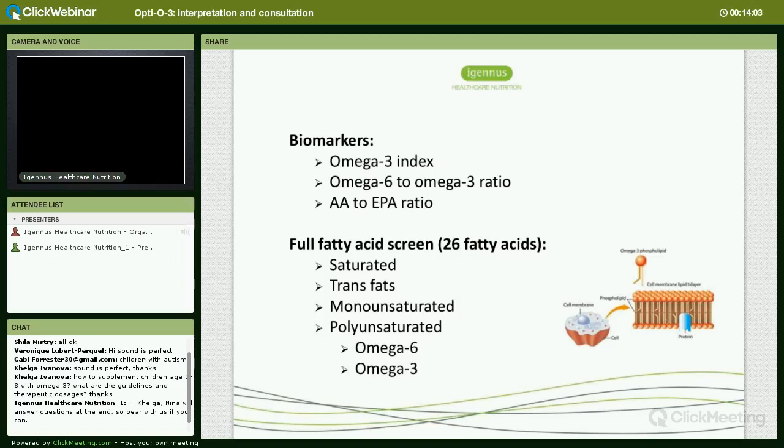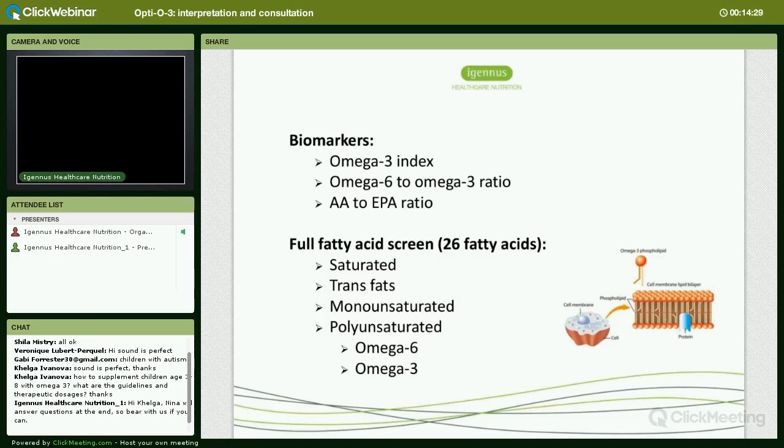Now, different labs do offer omega-3 testing. But what we'll find is that different laboratories screen for different fatty acids. Some will only screen for the major contributing fatty acids and will leave out the minor ones. And therefore, it's very difficult to directly compare biomarker results with other laboratories.